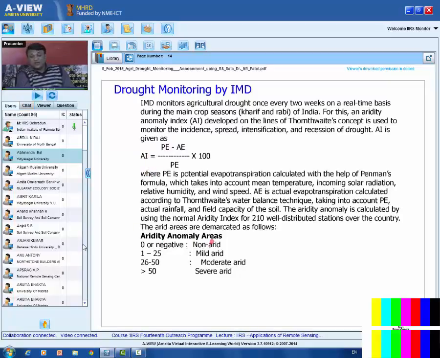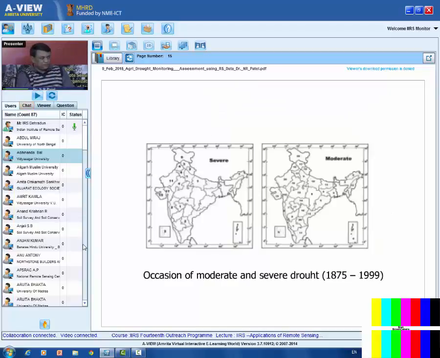Then aridity anomaly can be calculated by comparing the current year's weekly time series of aridity index against the long-term normal or any previous normal year. You can compute different kinds of aridity levels. This is based on percentile rainfall or severe and moderate drought occurrence, mainly in Gujarat and Rajasthan.